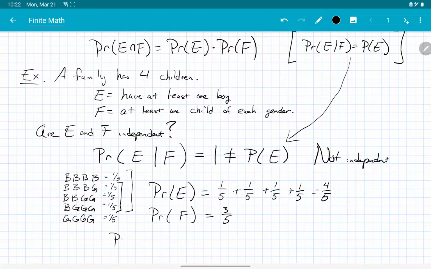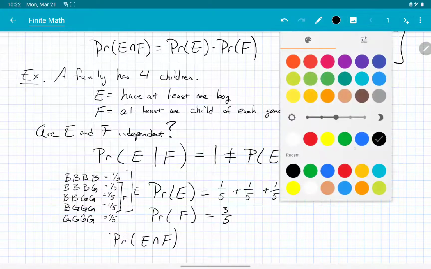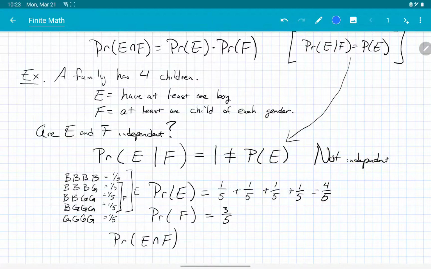And if we calculated the probability of E and F, okay, so this one is E, this one is F. E and F, however, which one of these are true? Where we have at least one boy and at least one child of each gender.